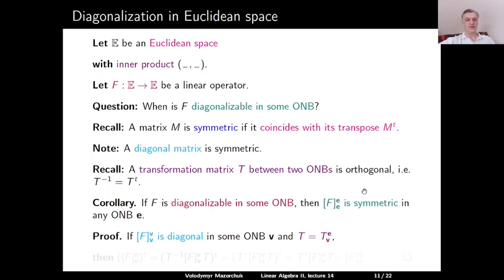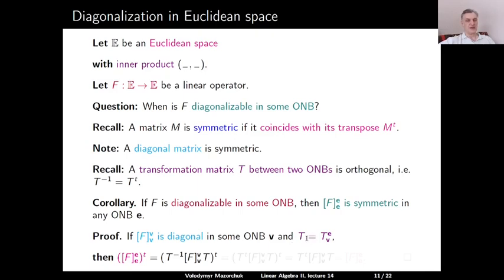And let T be the transformation matrix from V to our arbitrary orthonormal basis E. Then the matrix of F in the basis E can be computed using the base change formula. So the matrix of F in E is equal to T inverse, the matrix of F in V, times T. This is just the base change formula for the matrix of the linear operator.